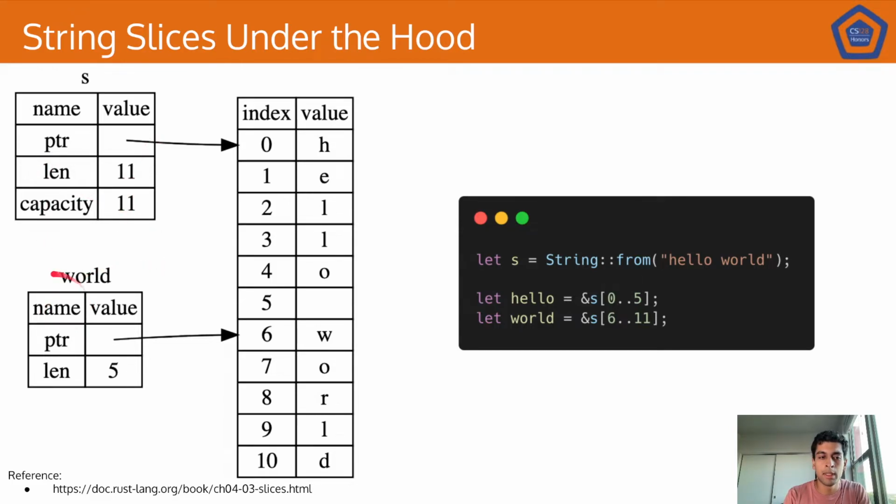Well, under the hood a string slice would simply be a pointer, so a valid reference to some data, and then the length of how far we want to go. So when you have this notation 6..11, Rust knows 11 minus 6, that's the length of your reference. So we have a pointer to the start, and then the length of how far we want to go, and that's your reference. Just some subsection of memory.